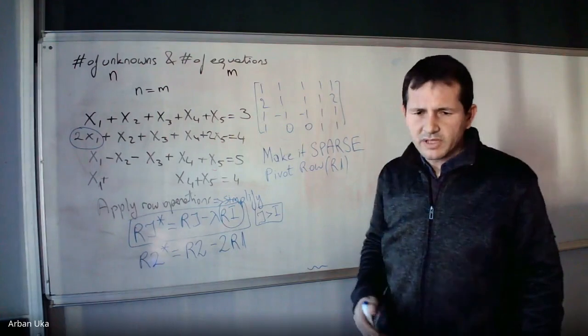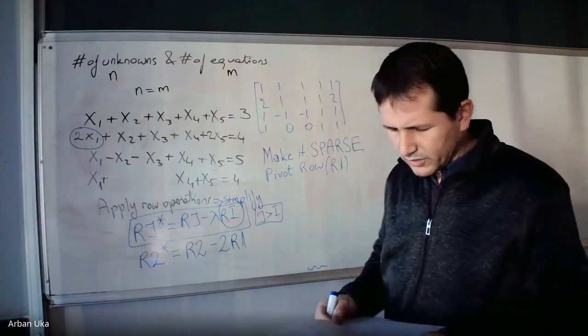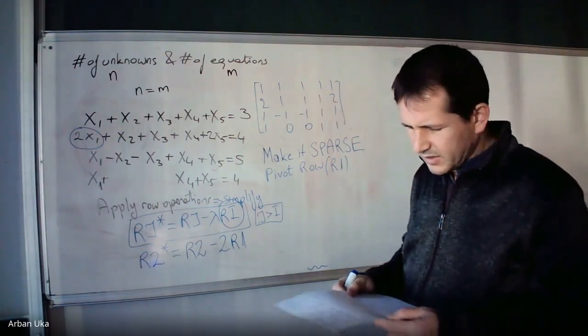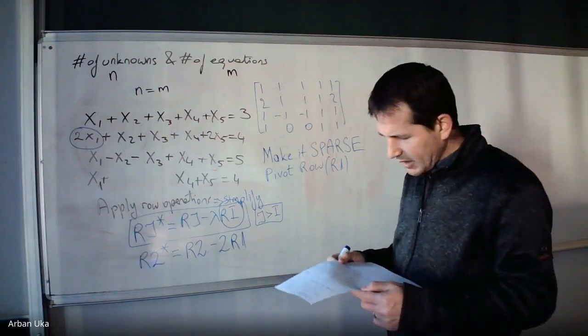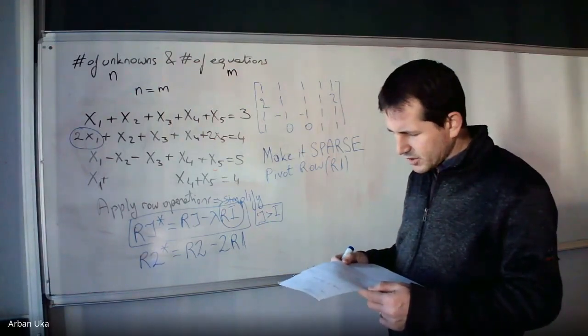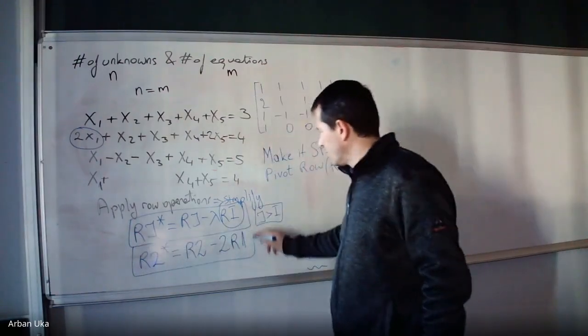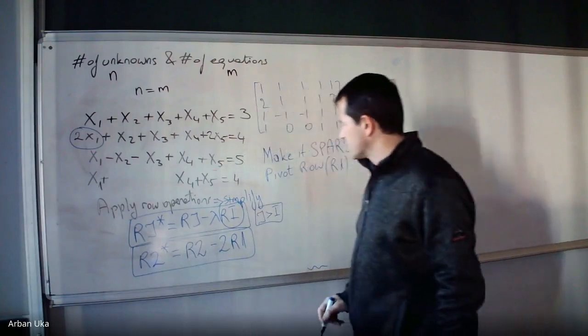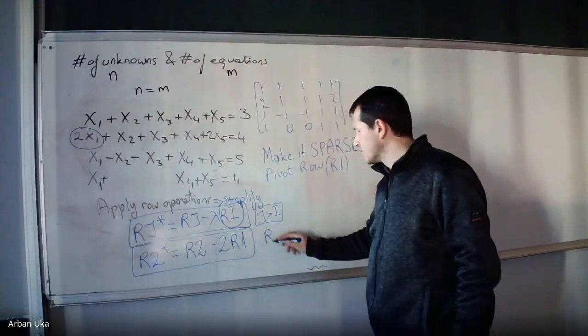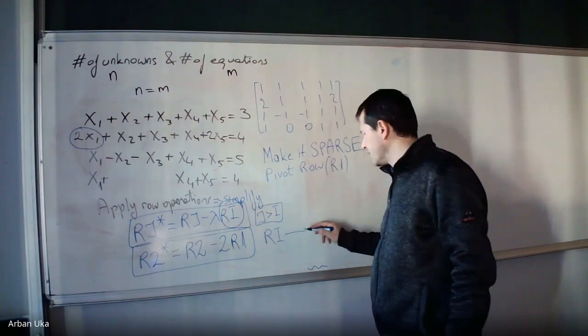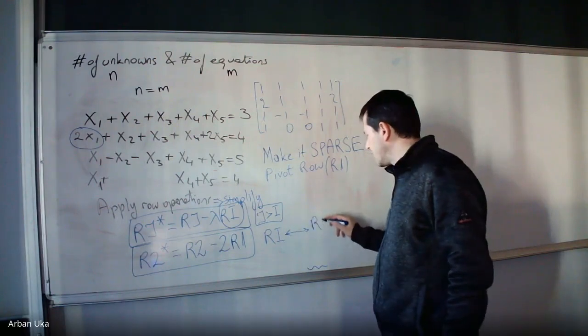So this is how we modify these, and this is the definition of the row operations. We can also exchange rows. We can interchange Ri with Rj.